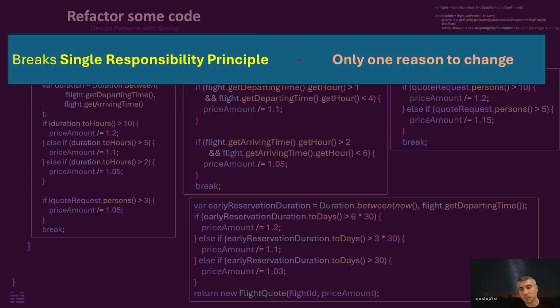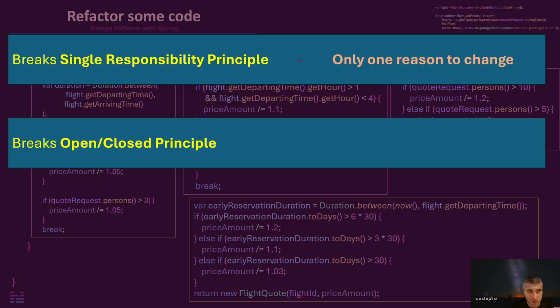Here it could be an easy fix by splitting this into different objects and methods, but it's still not the core of the problem. I can say more of the core hides in the fact that it breaks the open close principle. This means that every time we have a new rule, we need new changes.